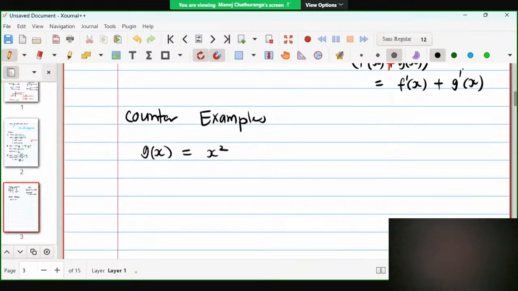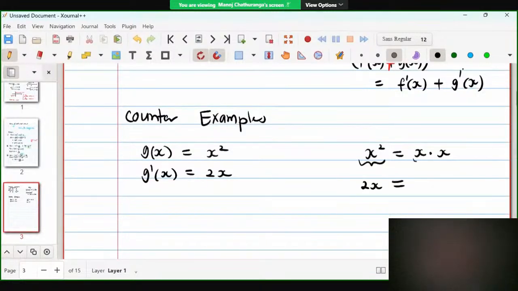The derivative is, we know, 2x. Now, if you think about x squared, it is x multiplied by x. The derivative of the left-hand side is 2x.